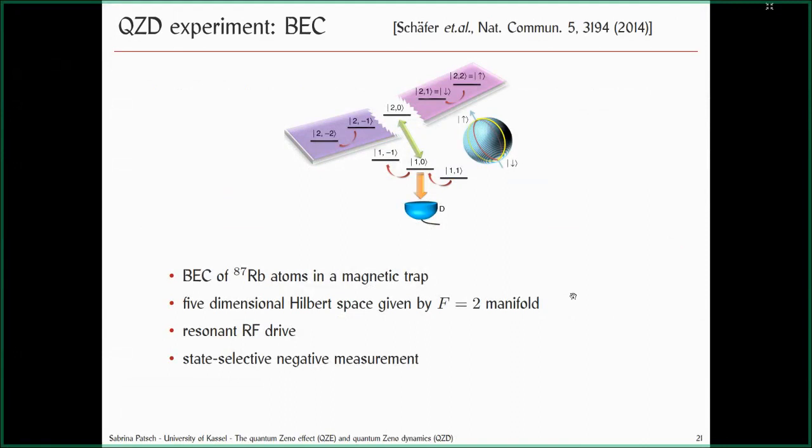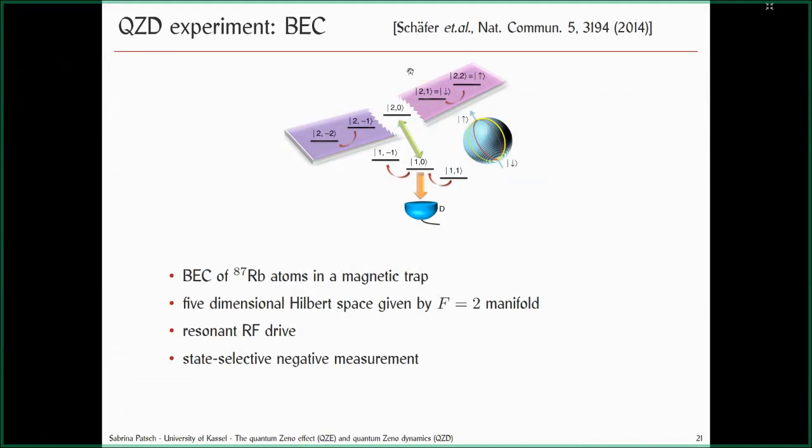So these are the MF quantum numbers that vary from -2 to +2. And we assume that we start in the state +2, so on the very highest state here on the right side. And this is also indicated by a spin up. And then the idea is that we induce a resonant drive on the F=2 manifold. And if we wouldn't do anything, we just would induce a resonant drive on these 5 states, so going up and down all the time, because it's a more or less perfect 5-level system.